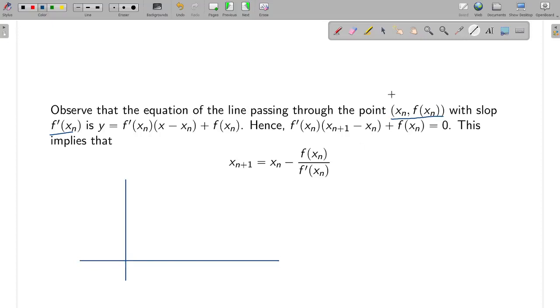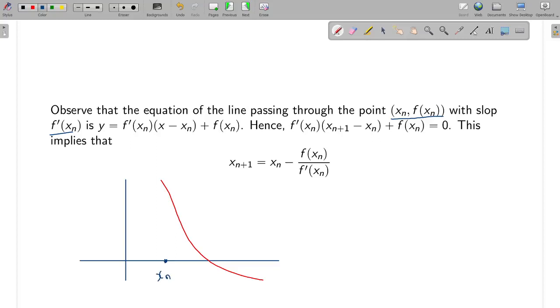So at the nth stage, this is what I would have. This is my function. This would be my point xn.